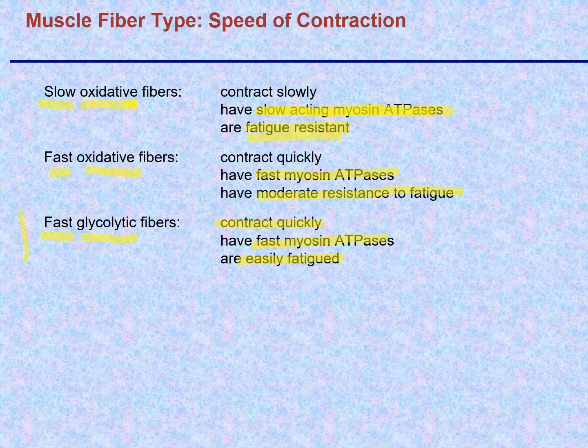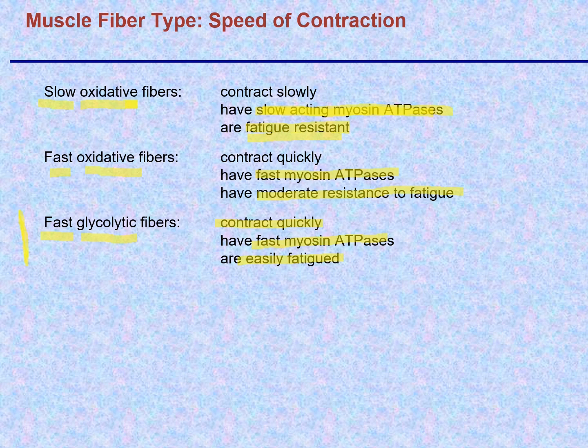But people who have trained for using fast glycolytic fibers are more able to carry out, or better at carrying out, physical activities that involve a sudden burst of energy, like a sprint, a very fast run suddenly.